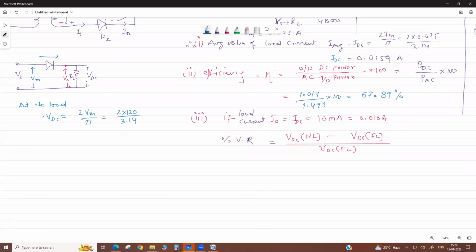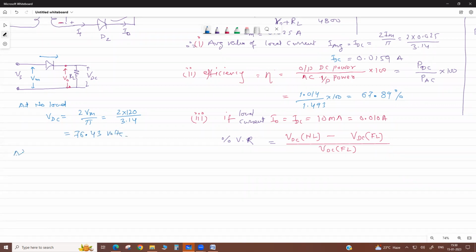So at no load, what is the VDC value? It comes to 76.43 volts.